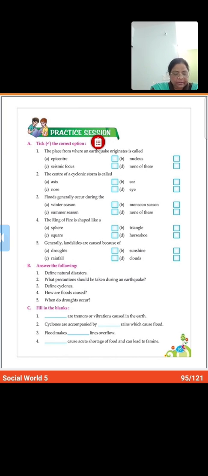Then number 3, flood makes dash lines overflow. Which line? Gas line? No, sewage line. Okay. Then next is number 4. Dash cause acute shortage of food and can lead to famine. That is drought.